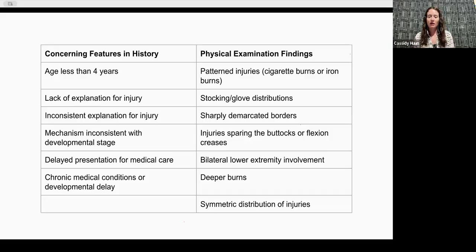Think about how a patient might get a very sharply demarcated border type of burn and make sure it makes sense with the story. I showed you the picture of the sparing of the buttocks or flexion creases for kids who were forcibly submerged. Whenever there's bilateral lower extremity involvement, do consider if you need to raise suspicion for this. Think about this with really severe burn injuries. Also consider whether the injury was the result of neglect.